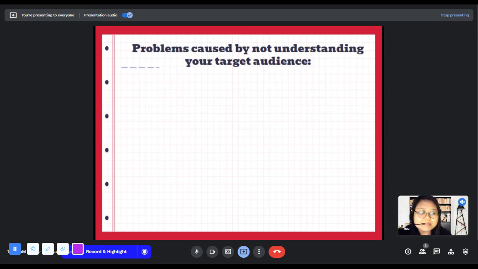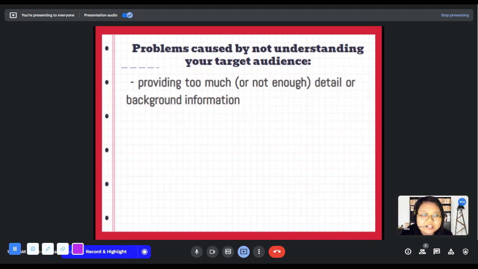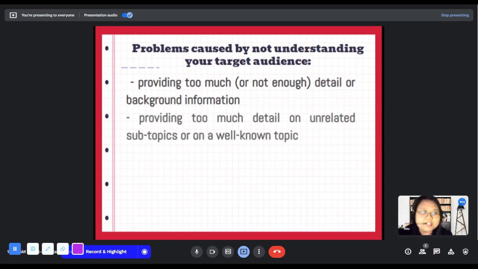Next, problems caused by not understanding your target audience. You're going to provide too much or sometimes lack details or background information. If you don't know who's going to read this, then you have to go back to the beginning. You know your purpose, then you're supposed to know who will be the audience.